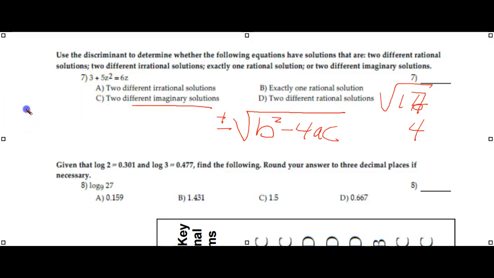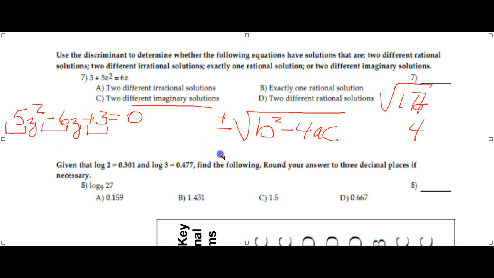So you have to put this in standard form. So now that it's in standard form, A is 5, B is -6, and C is a +3.